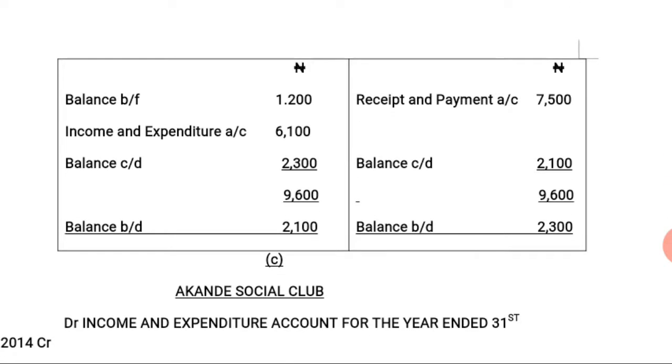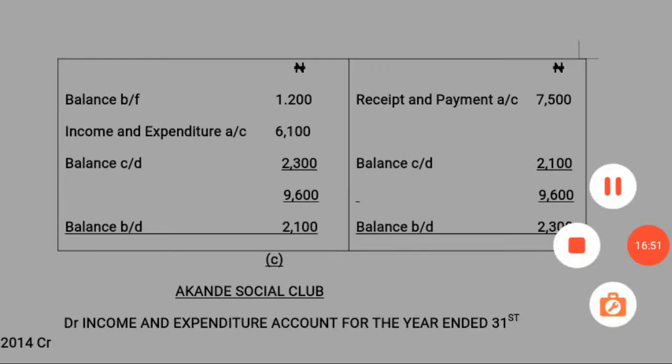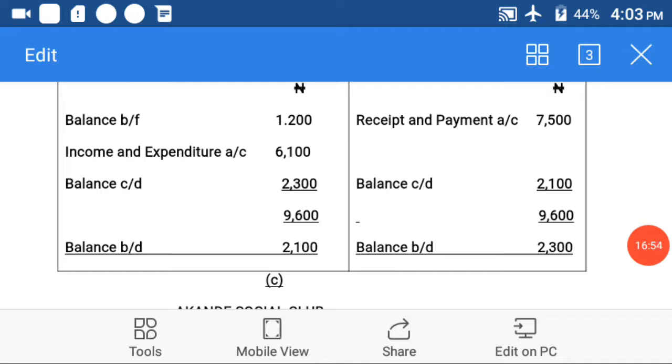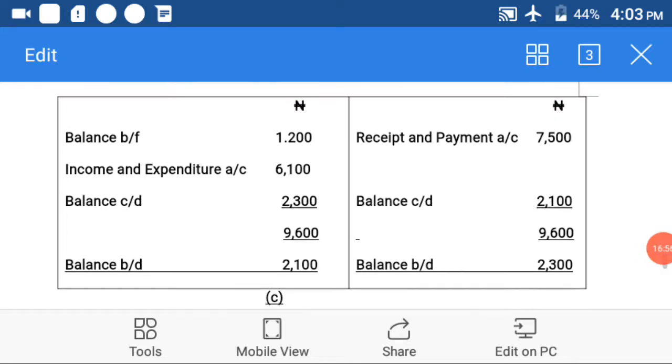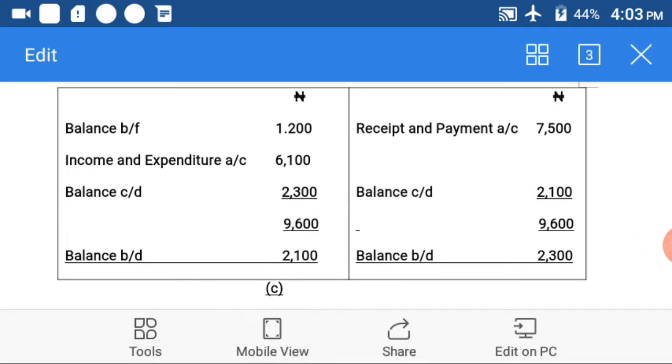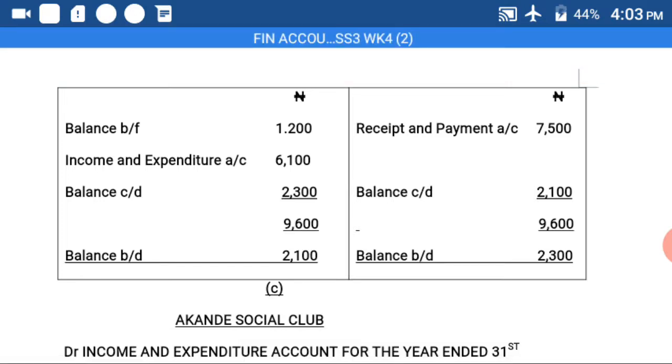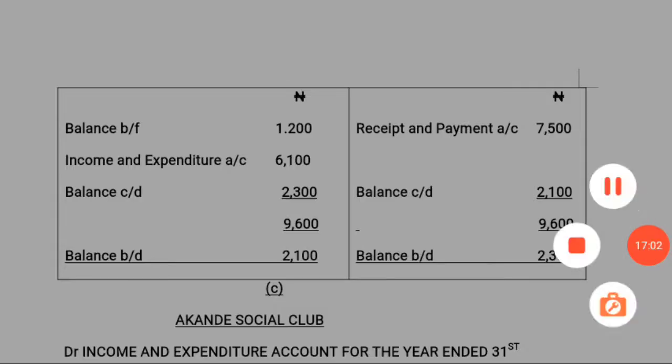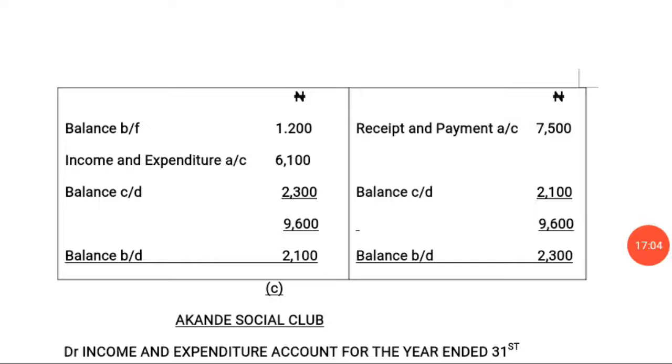Now, subscription account. To prepare the subscription account, since subscription account is an income account, it always has the credit balance.